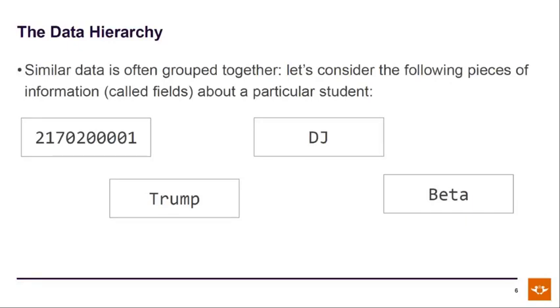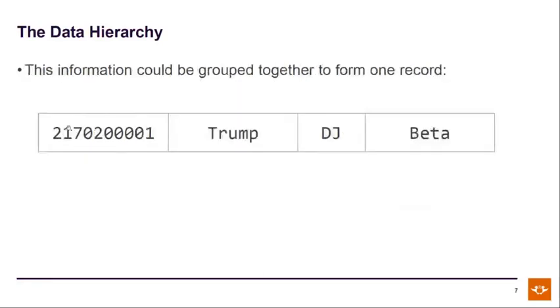And there's a reason for that, but that reason I'm only going to teach you in your second year. Then we've got a surname, and I'm pretty sure we're all comfortable that will be a string. We've got initials, which will be a string, and then we've got beta, which will also be a string. So we've got 4 individual fields, and each field is a string. Now, if we talk about similar data being grouped together, we're talking about the data itself.